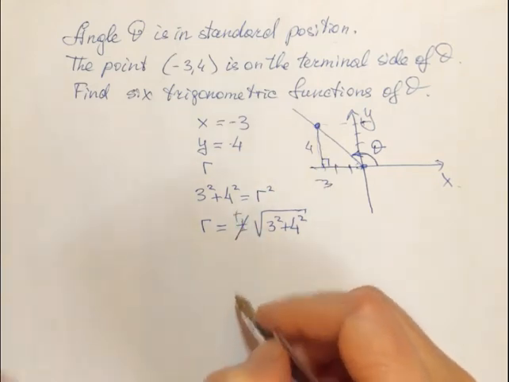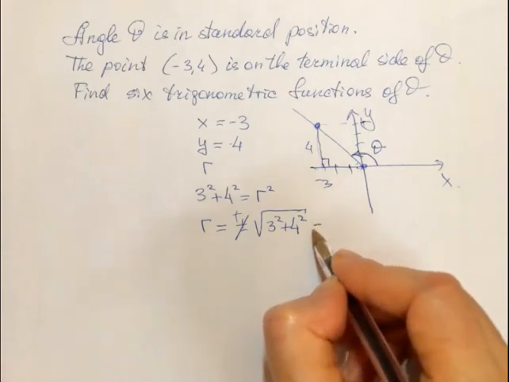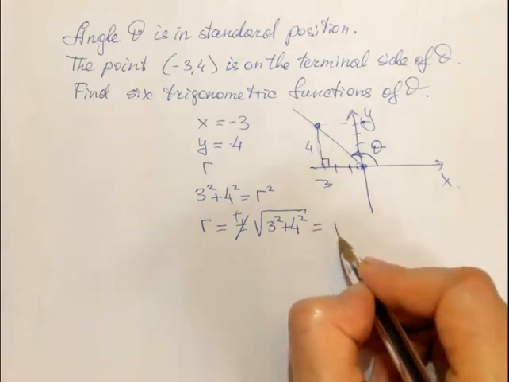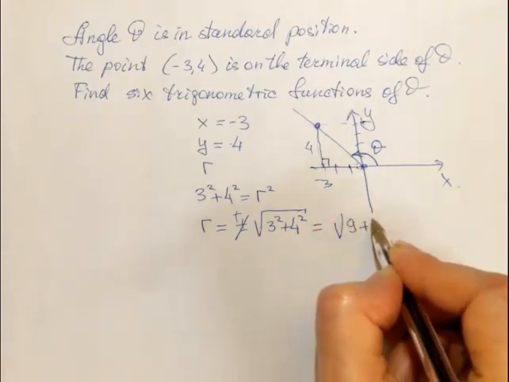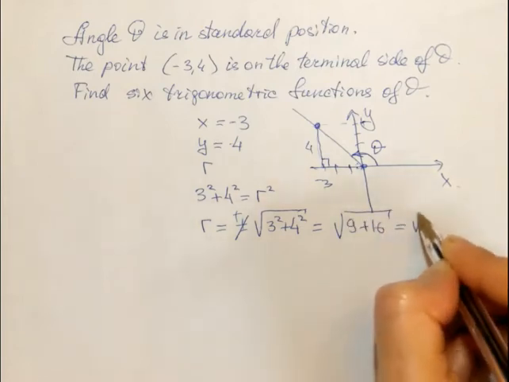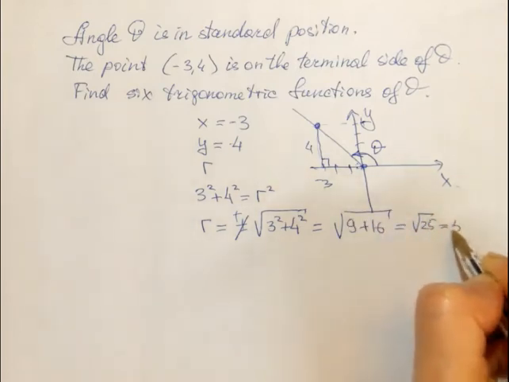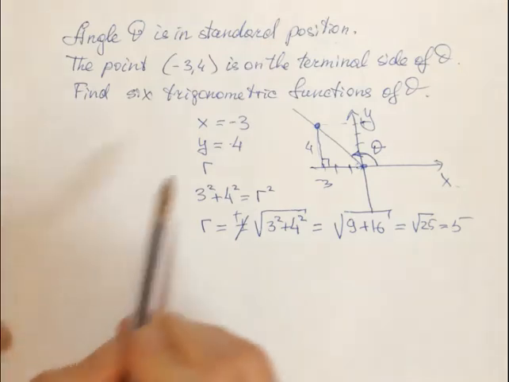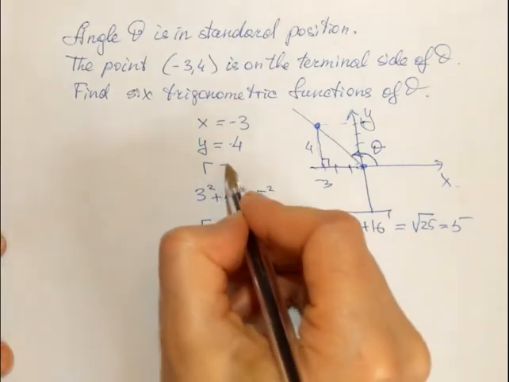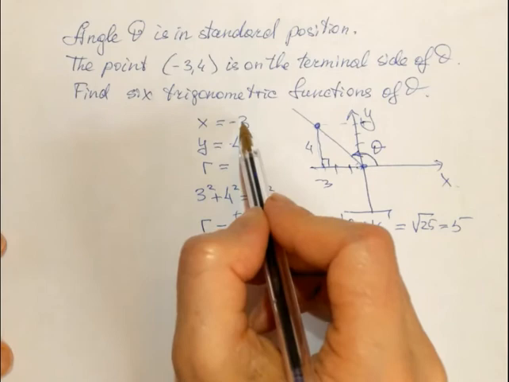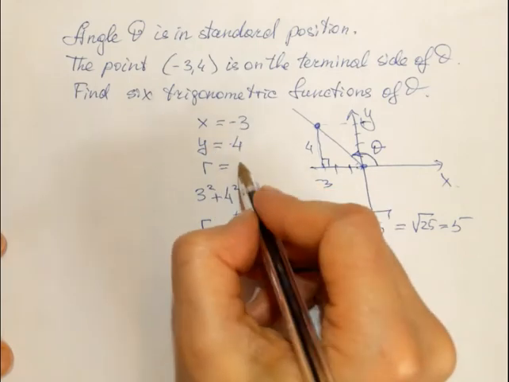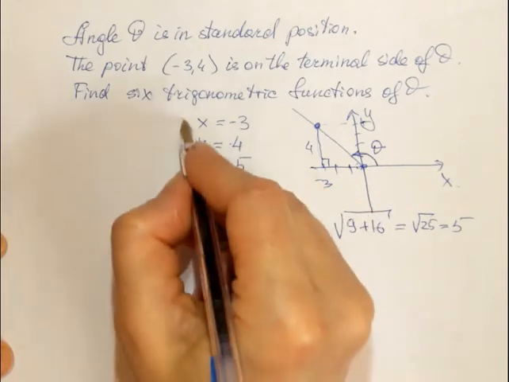R is always positive, so it is equal to the positive square root of 9 plus 16, or square root of 25, or 5. So now we have all three values. X equals -3, y equals 4, and r equals 5.